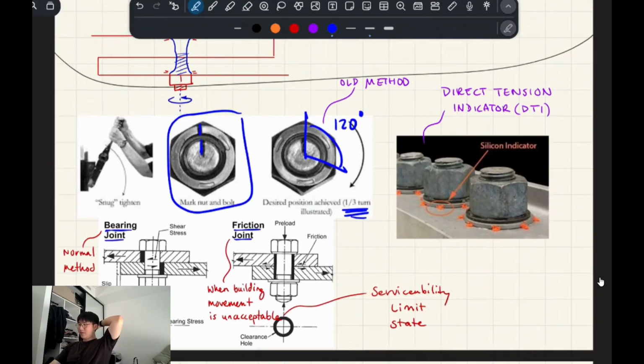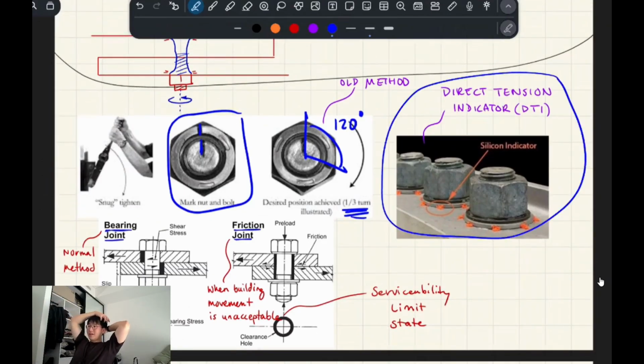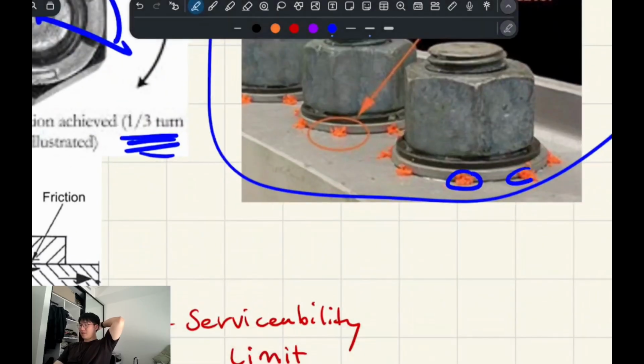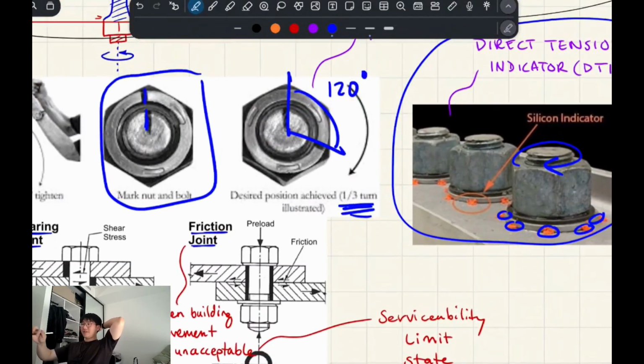But now we have this method. Do you know what a Tide Pod is? Or just imagine a dishwasher tablet. Imagine that's placed underneath the washer, and when you tension it enough, it squirts out this orange liquid.